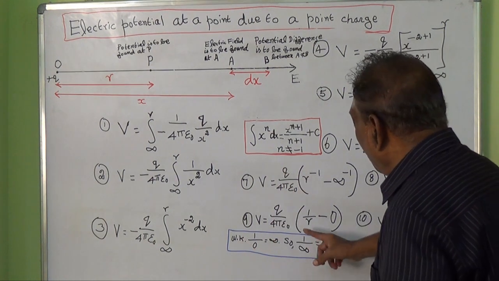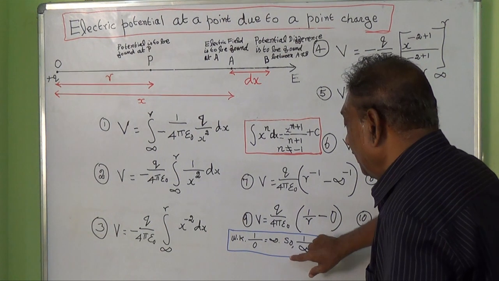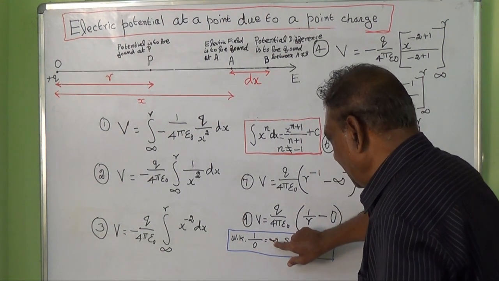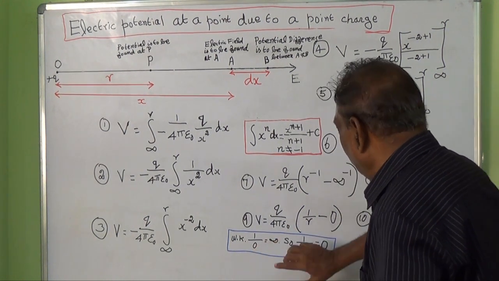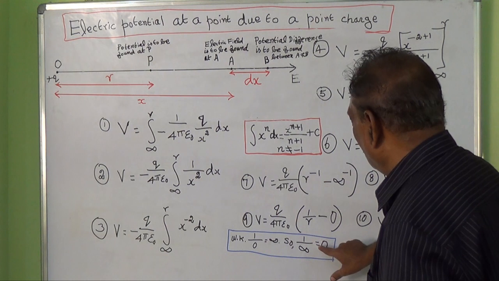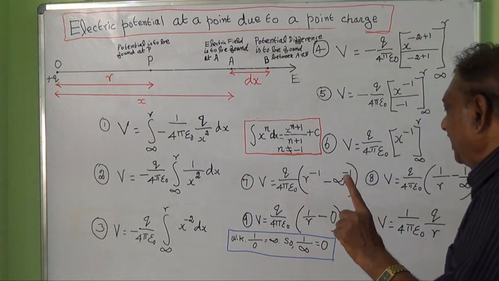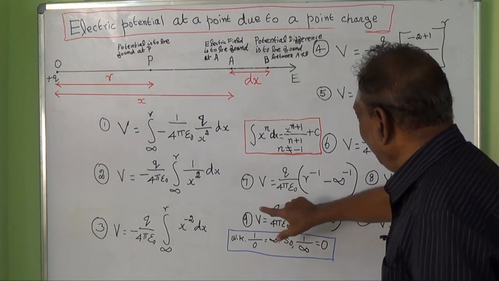That is, any data divided by infinity equal to 0. Why? If we bring this denominator 0 to the right side and bring the infinity to the left side, we will get 1 by infinity equal to 0. So we are going to write 1 by infinity as 0 in the ninth step.